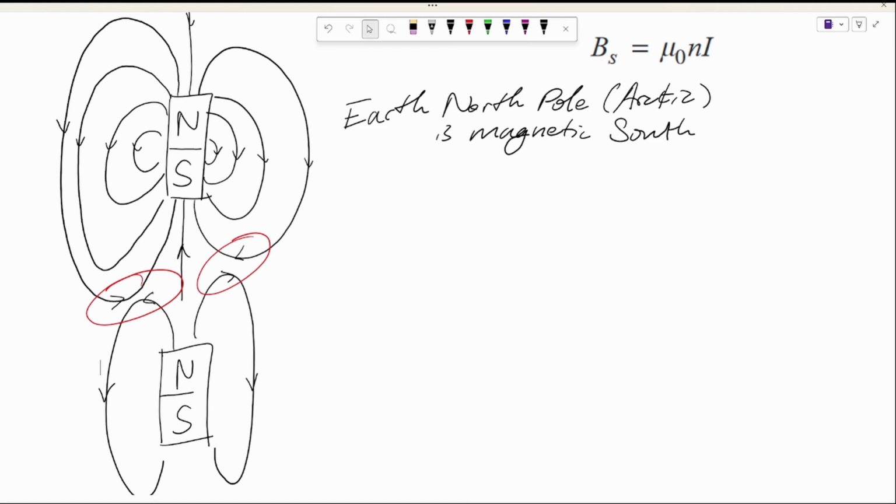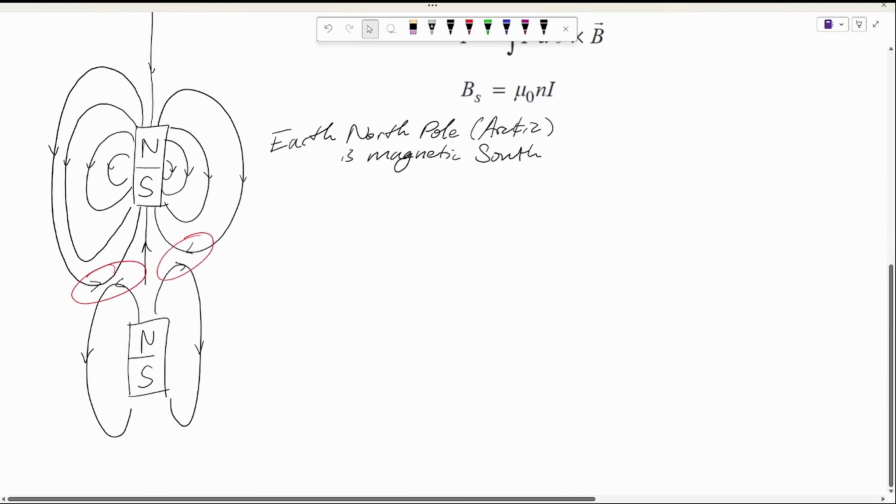Okay, so that's permanent magnets. They shouldn't show up too much on the test.